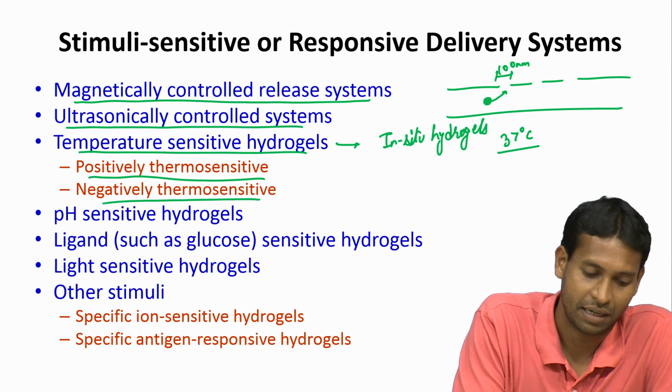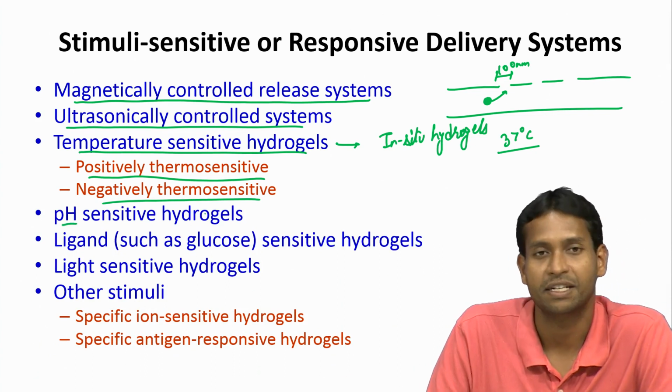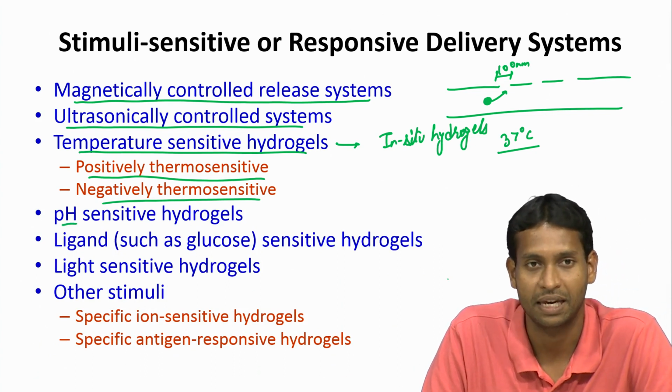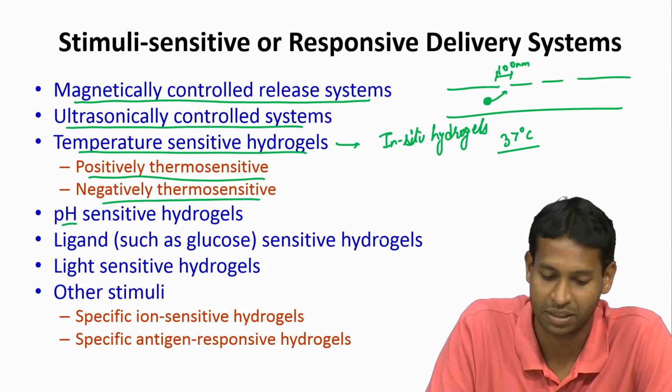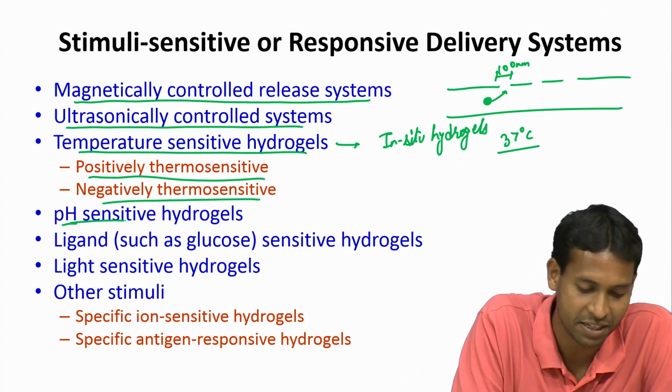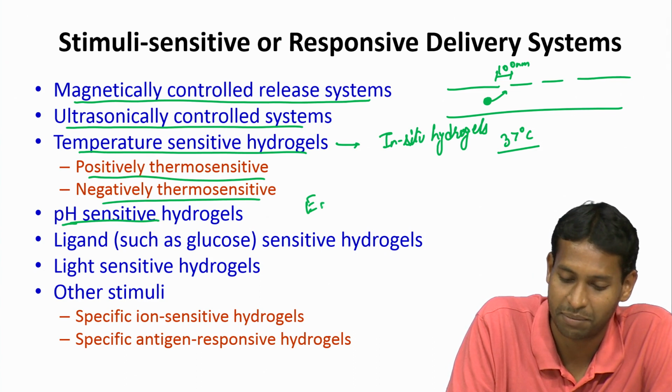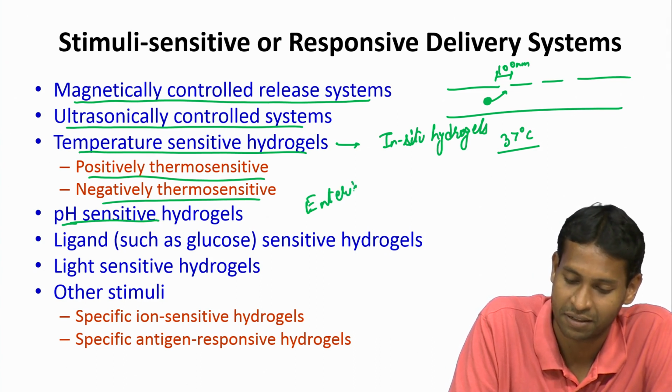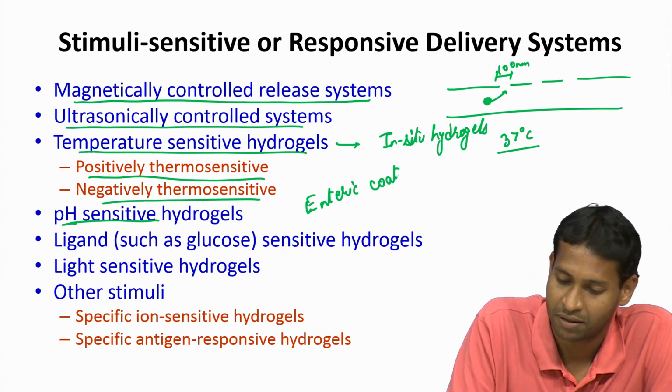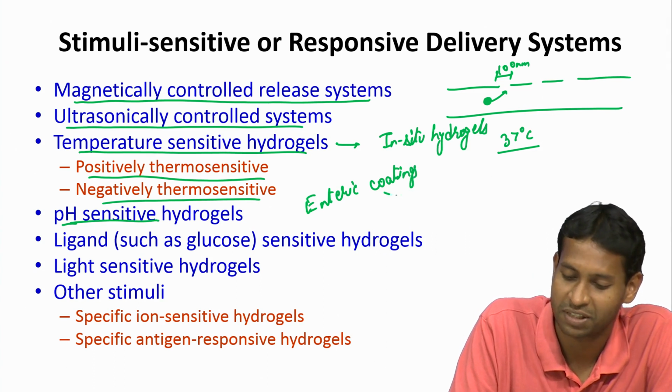Then we can think of pH sensitive hydrogels. Again these are some of the systems we talked about, not particularly hydrogels but pH sensitive systems. We had learned about enteric coatings. Remember what these were?